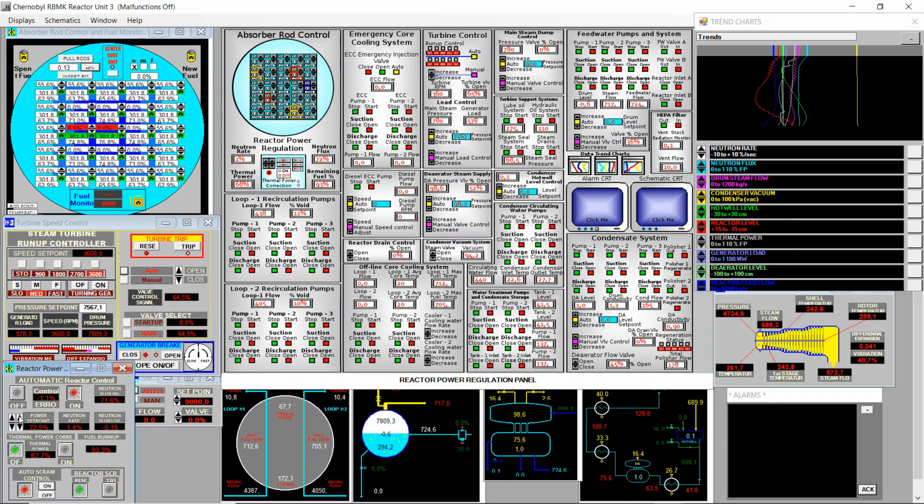I will go to 80% and wait a bit to see how things are going. We see the main valve at 73%. I will go a bit lower here.